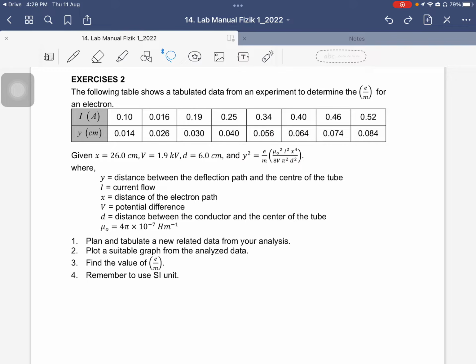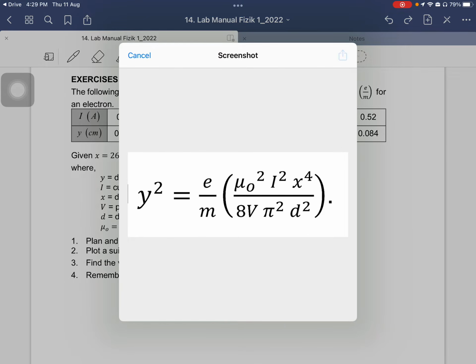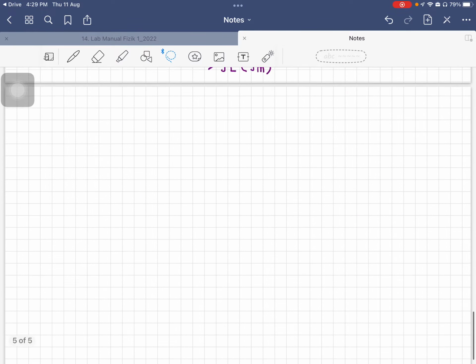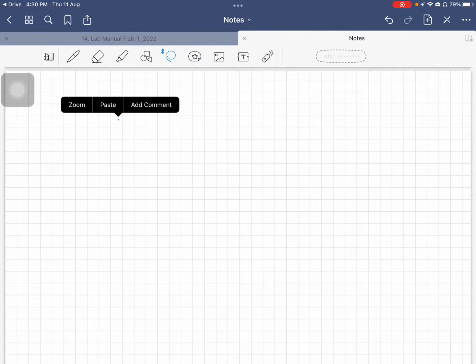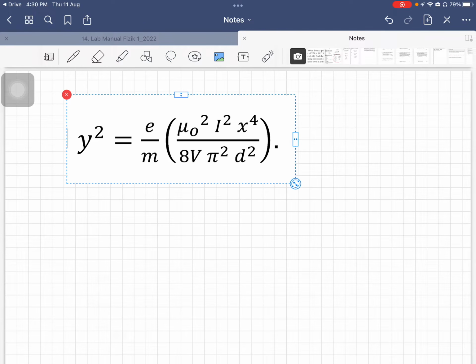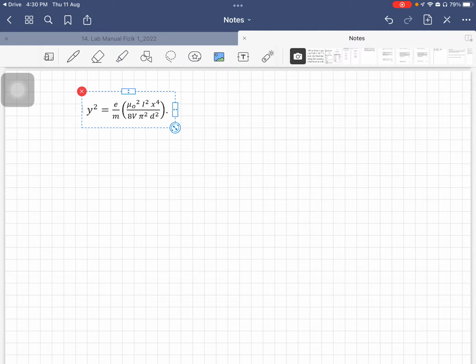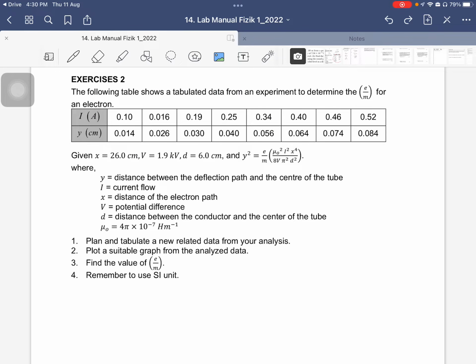Let's say we have this equation, and we have this table.